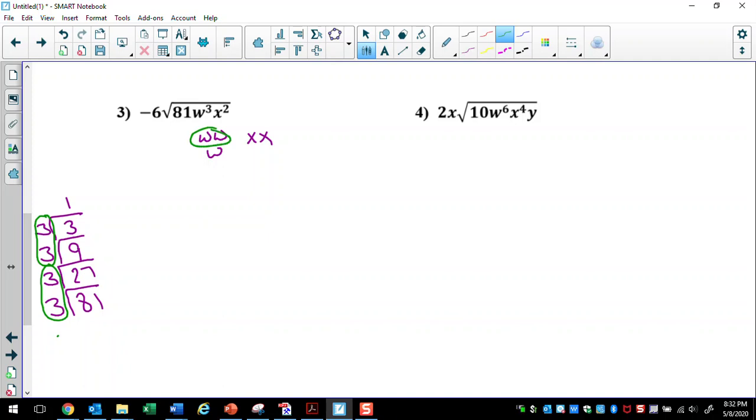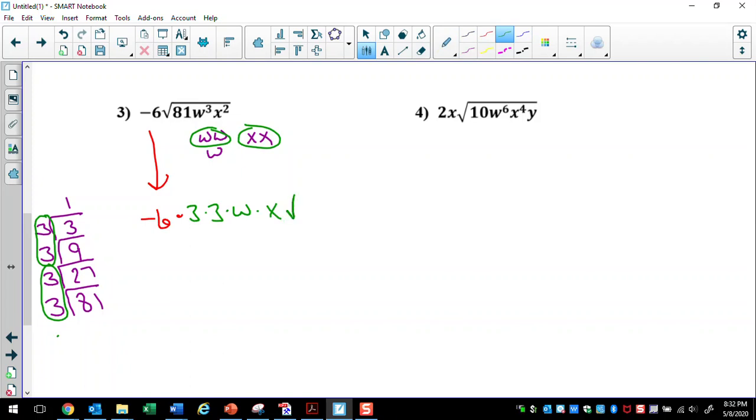And then I have one pair of W's and one pair of x's. Alright, so we have that negative 6, and it's just going to come down, times, I have two pairs of 3's, so 3 times 3. And then I have one pair of W's and one pair of x's.